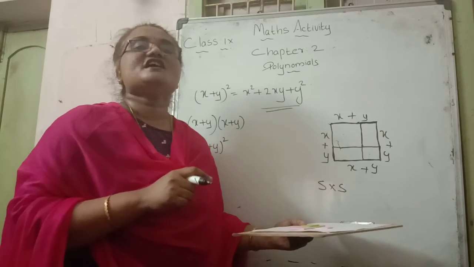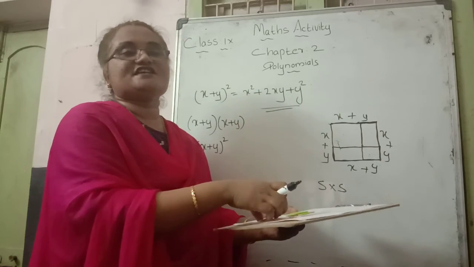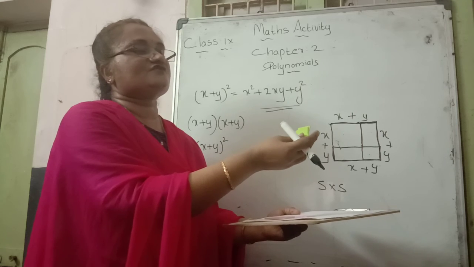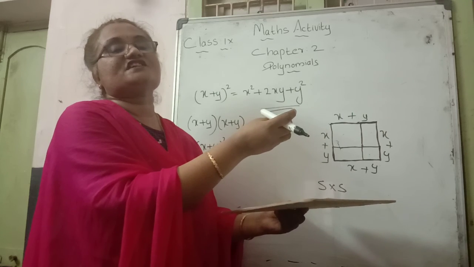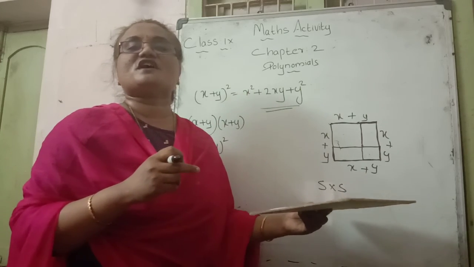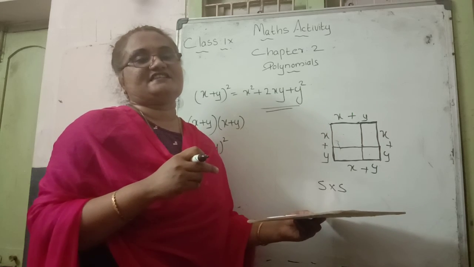It is the sum of the areas of these three figures: the big square, the small square, and the rectangle shapes. Adding their areas gives the expansion of (x + y) the whole square. I hope you understand this. Thank you.